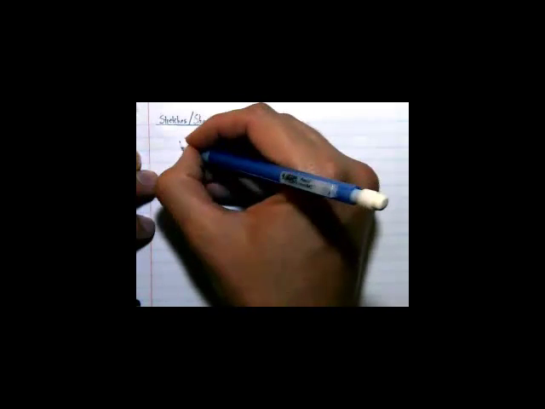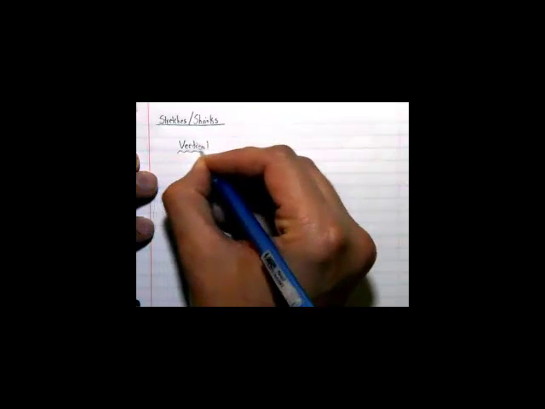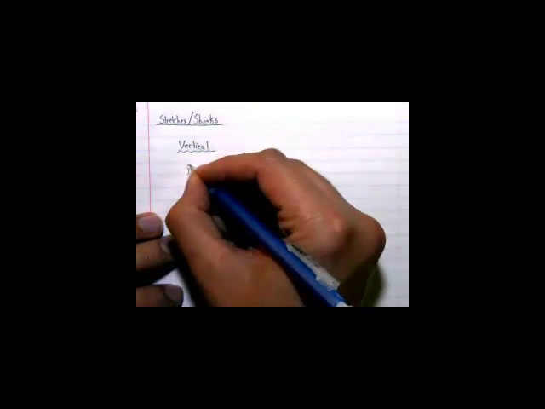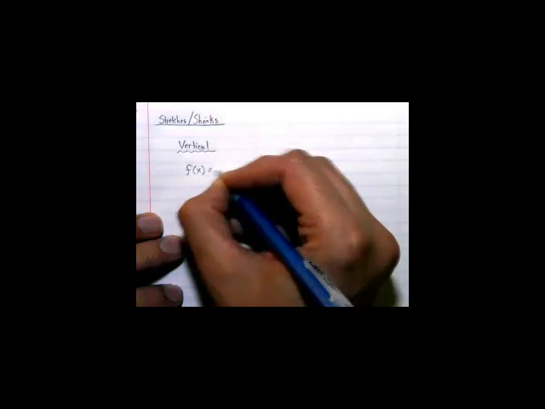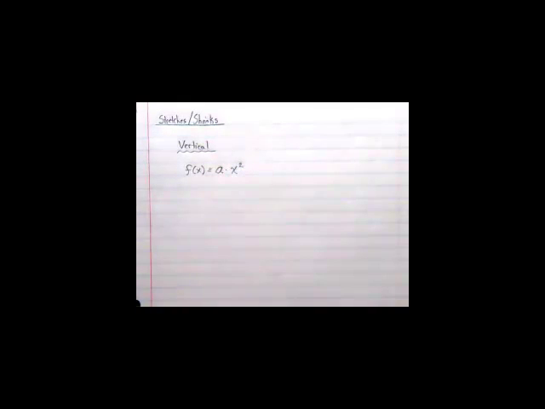Again, vertical stuff is outside the whole equation. Horizontal is just on the x. So we got a times x squared. And a, again, is just some number.